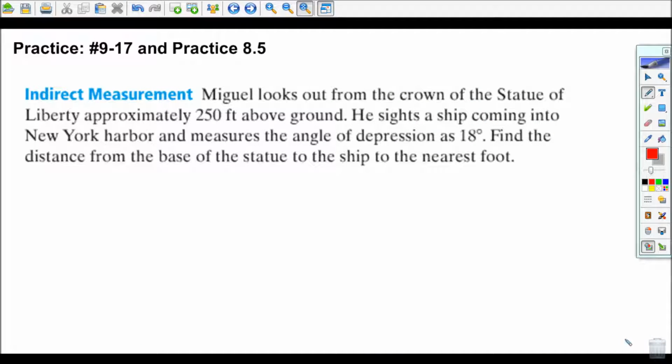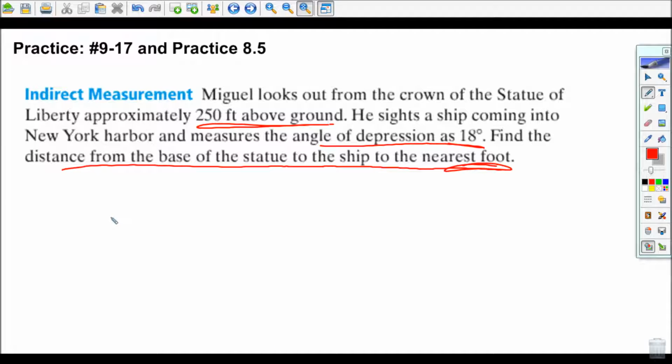This is number 14, I believe. So Miguel looks out from the crown of the Statue of Liberty, approximately 250 feet above ground. He sights a ship coming into New York Harbor and measures the angle of depression as 18 degrees. Find the distance from the base of the statue to the ship to the nearest foot.